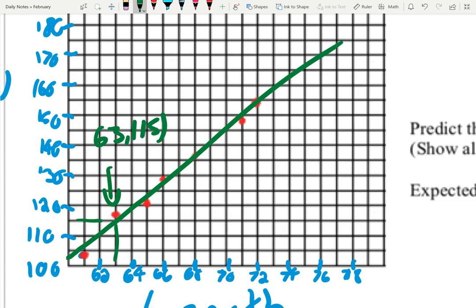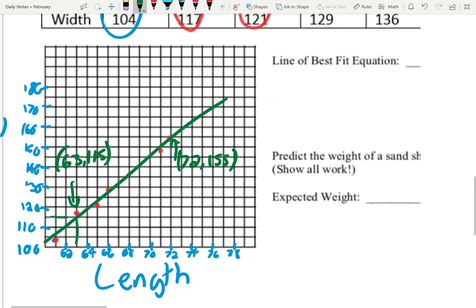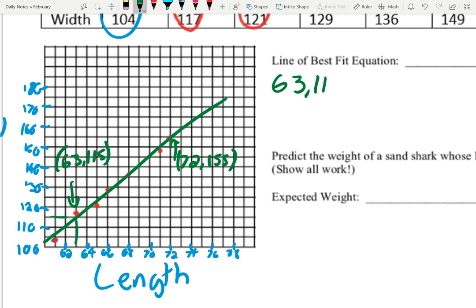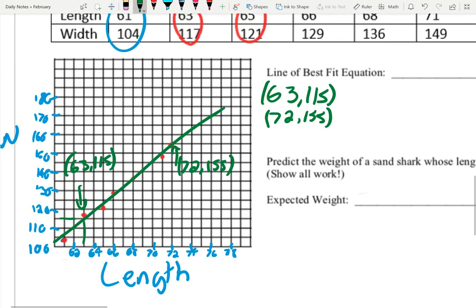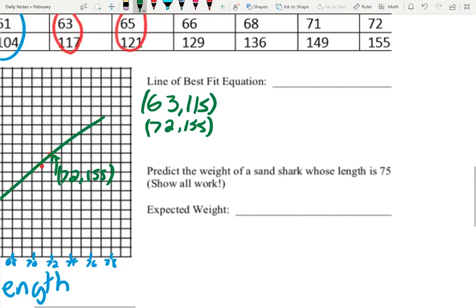And I think this one's a good one right there at 72 and 155, which actually is one of my points. But I think those 2 places on the grid are good places for me to use. So I'm going to use those points, 63 and 115 and 72 and 155. So your points would be slightly different than mine, and that's okay. All right, but write your points down and let's do the work.